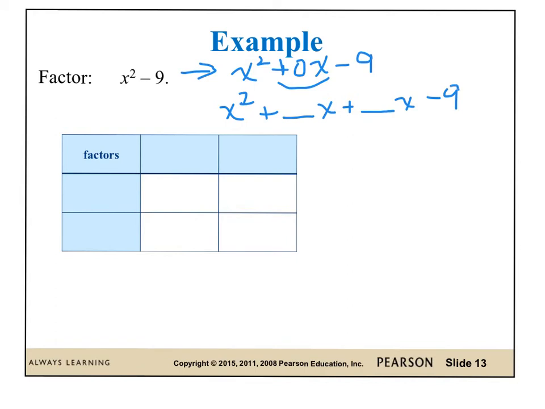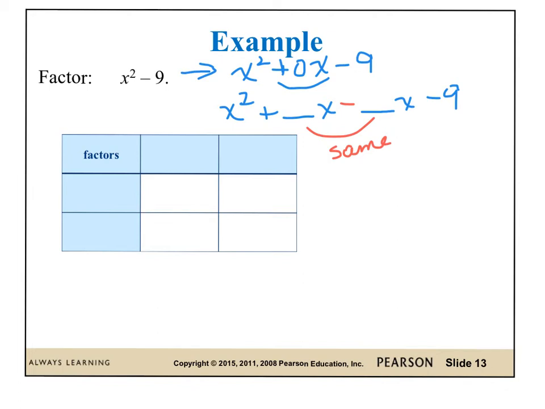And what we know about things that add up to 0 is that one of them would have had to have been positive, and one of them would have had to have been negative, and that these two numbers would have to be the same, except for the sign. So what we're looking for is two factors that basically cancel each other out.